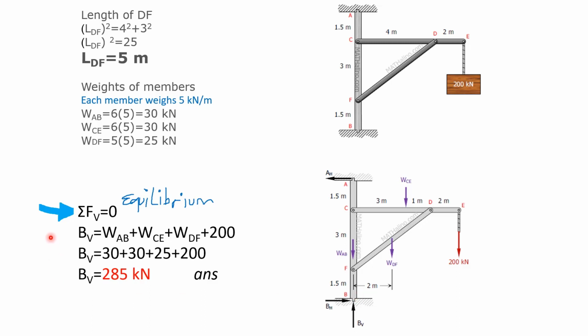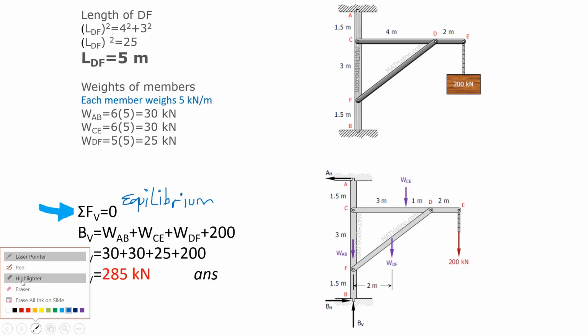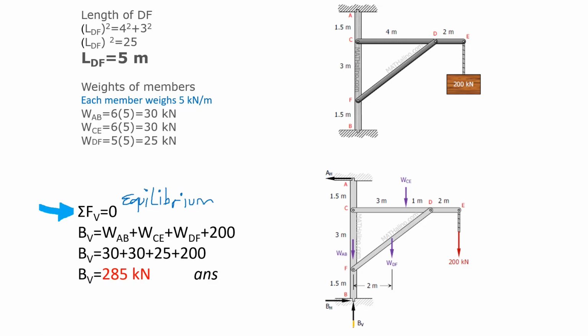Let's write our formula. B vertical is acting like this. B vertical is here, acting like this. And what is here against it?